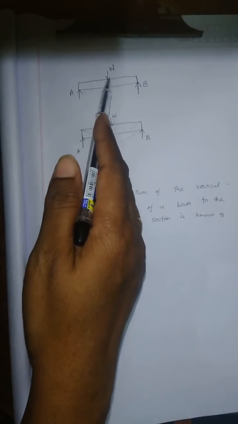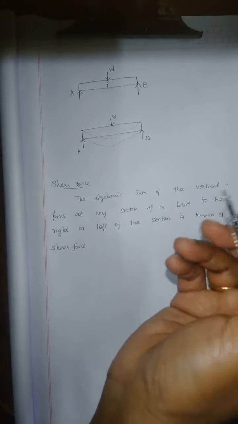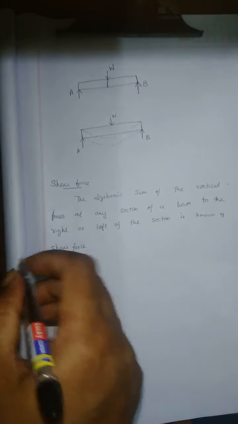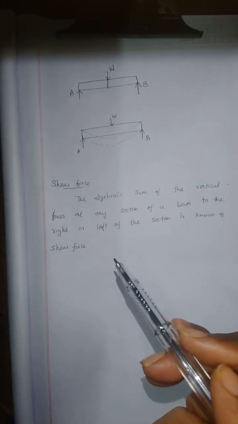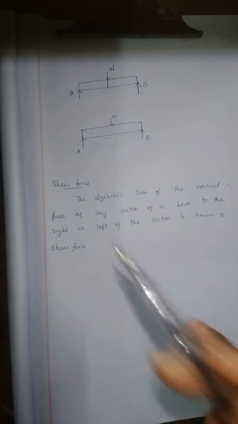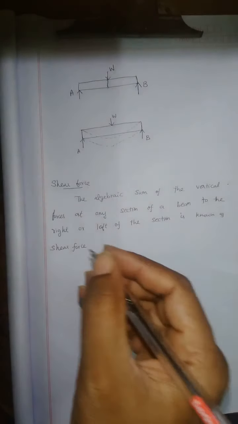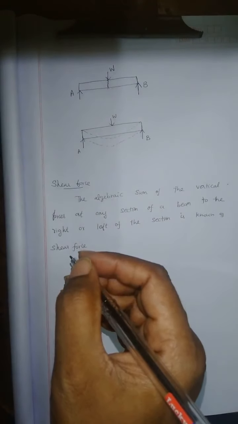If you have some n number of forces, we can take any section of the beam and find out the shear force, the algebraic sum of those vertical forces to the right or left of the section. That is what we call shear force, right?